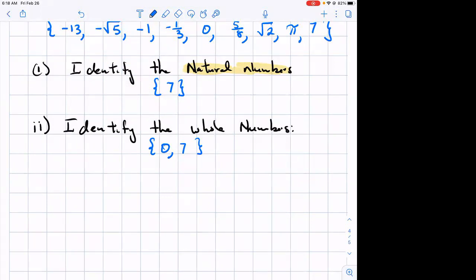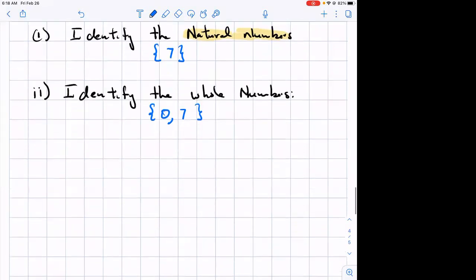How about integers? Identify the integers. So remember, integers are whole numbers, but negative and positive.